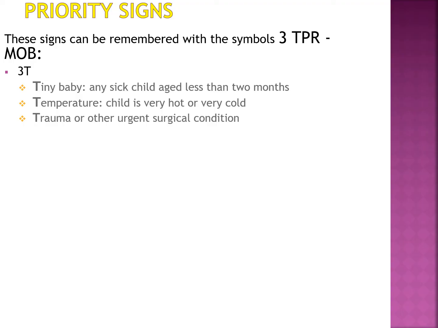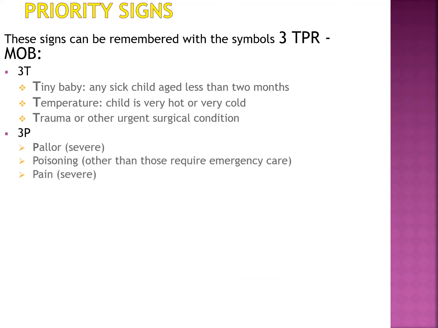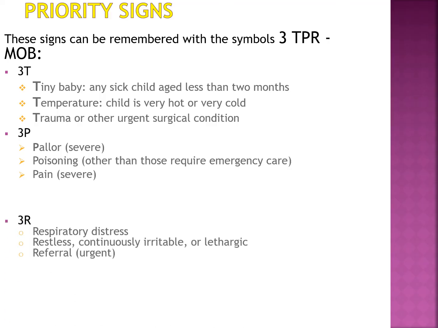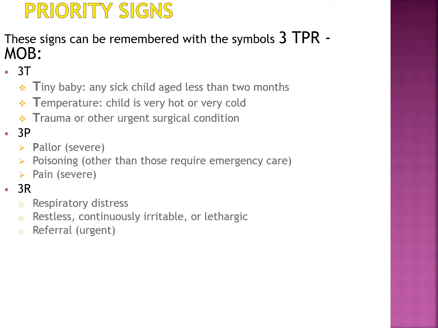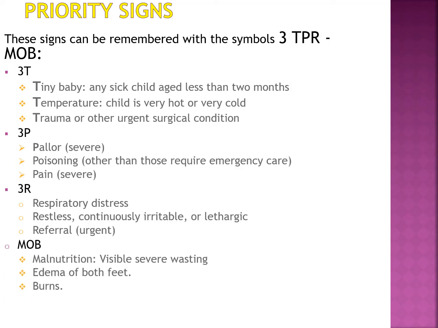Temperature is whether the child is cold or hot, and trauma means trauma or other urgent surgical conditions which don't fulfill the emergency signs. 3P is pallor, poisoning which doesn't fulfill emergency criteria, and pain. And 3R stands for respiratory distress, restless or lethargy, and referral or urgent cases. MOB stands for malnutrition, such as visible severe wasting, edema of both feet, and burns.